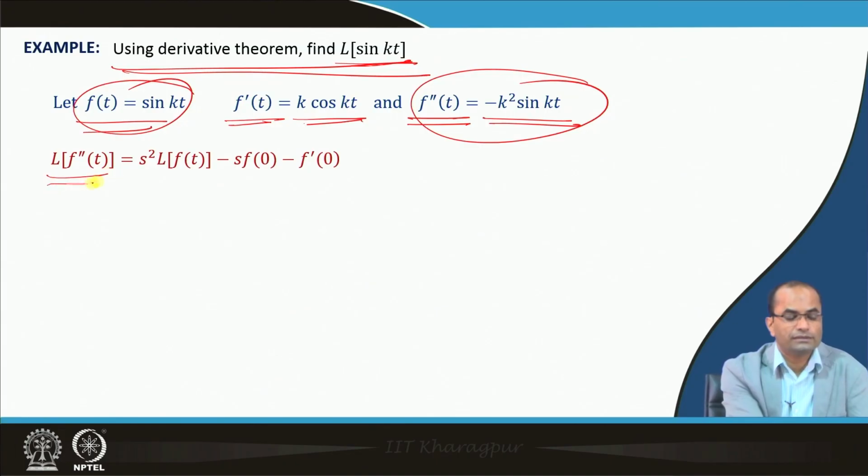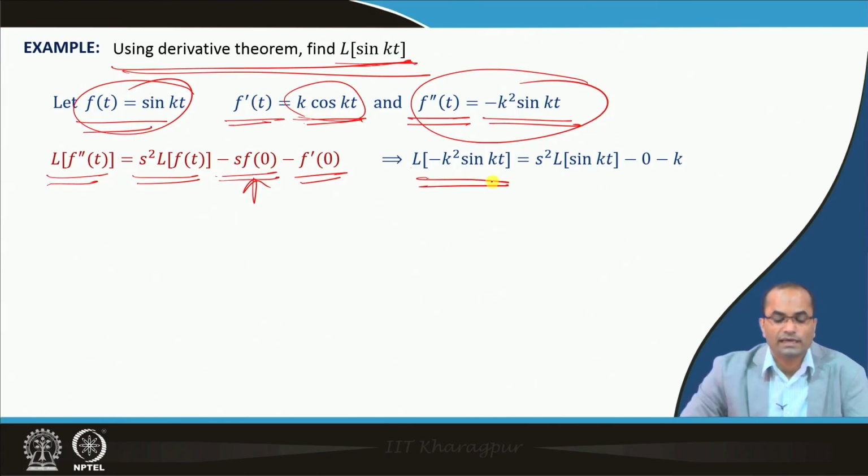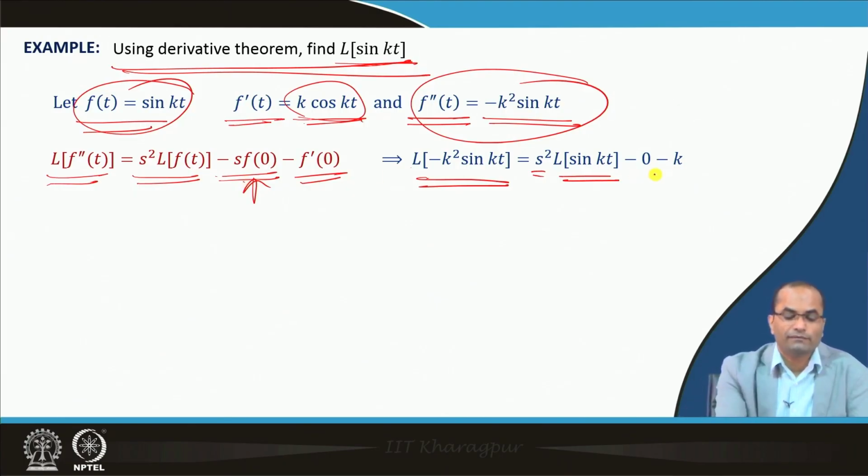So, the Laplace of this f double prime t is s squared Laplace of f(t) minus s f(0), which is 0, and f prime(0), which is just k. Substituting these values, we have the Laplace of minus k squared sin kt is equal to s squared times the Laplace of sin kt, minus 0, and minus f prime(0), which is k.